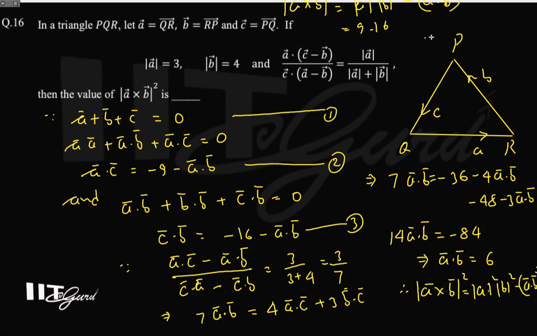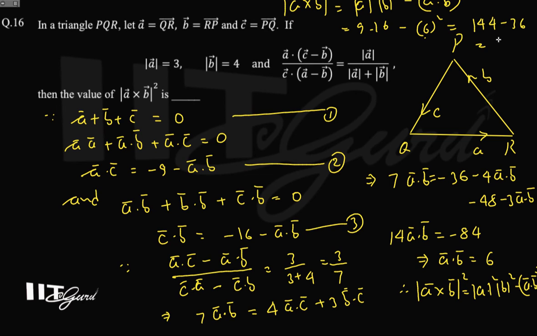So what we recall over here, that A dot B value is 6. So you write over here 6 whole square, and hence what we conclude is 9 times 16, that is 144, and minus 36, and after calculating you will get 108. So final answer is 108.